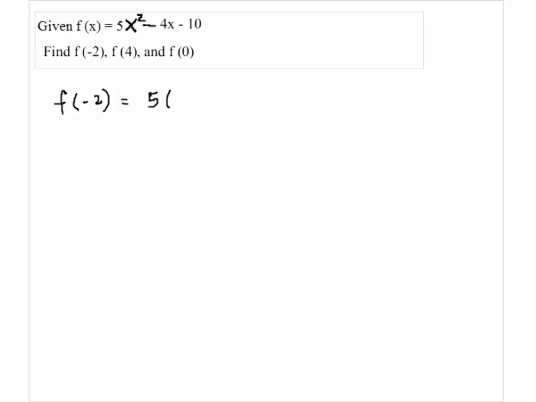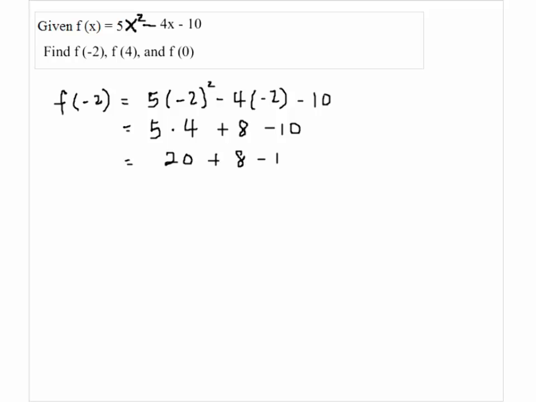So we have 5 times negative 2 squared minus 4 times negative 2 minus 10. So 5 times 4 plus 8 minus 10 equals 20 plus 8 minus 10. So that's 28 minus 10, which will give us 18 as the answer.